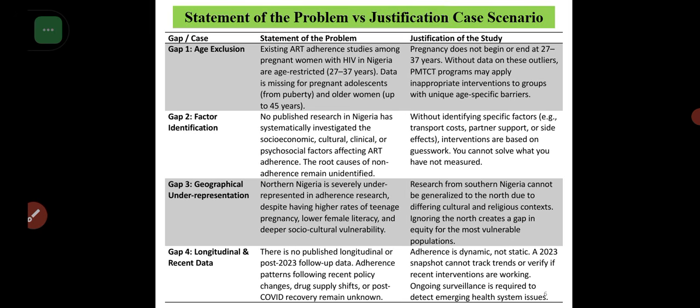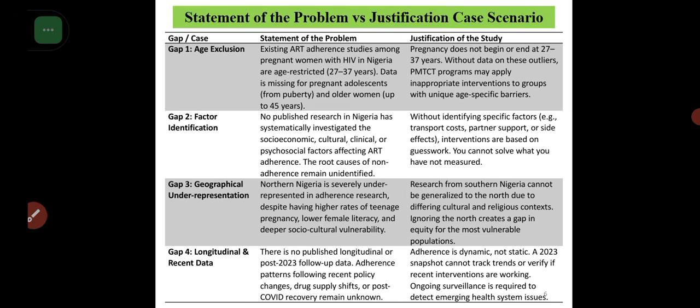Gap 3, geographical underrepresentation. Remember, we identified that most of the studies were in the south. So northern Nigeria is severely underrepresented in adherence research, despite having higher rates of teenage pregnancy, lower female literacy, and deeper sociocultural vulnerability.